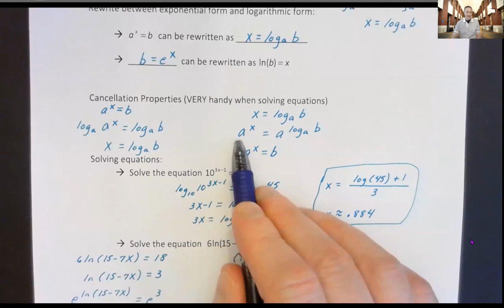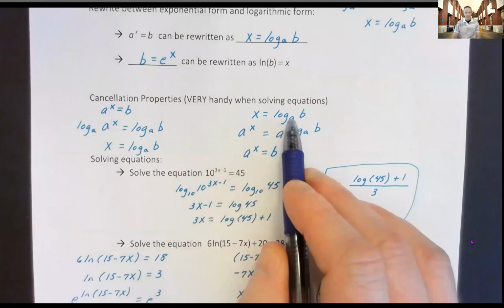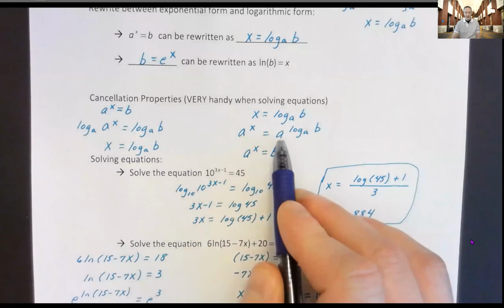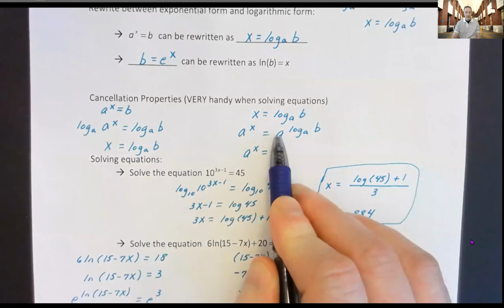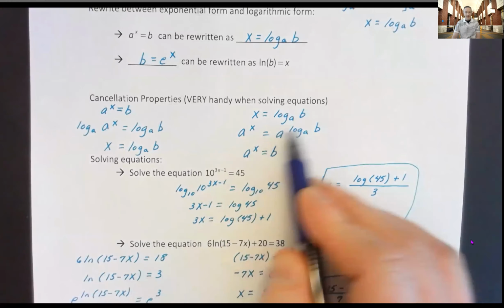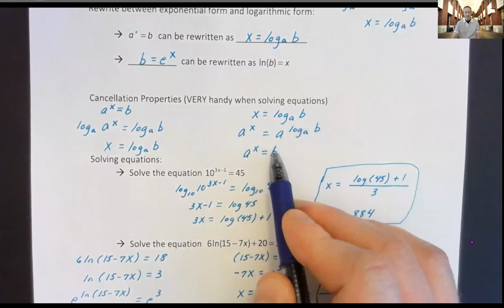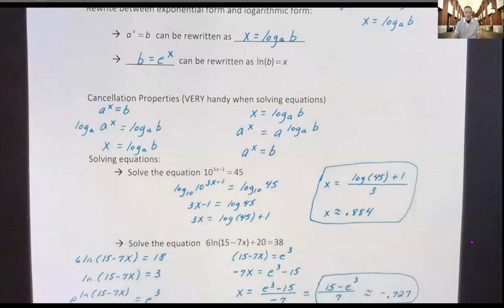Now on the left-hand side, it doesn't cancel out. You just get a to the x. On the right, in order to get rid of log base a, I need exponential base a raised to the log base a of b. Then a and log a eliminate each other, and I'm just left with b, and I get a to the x is equal to b.